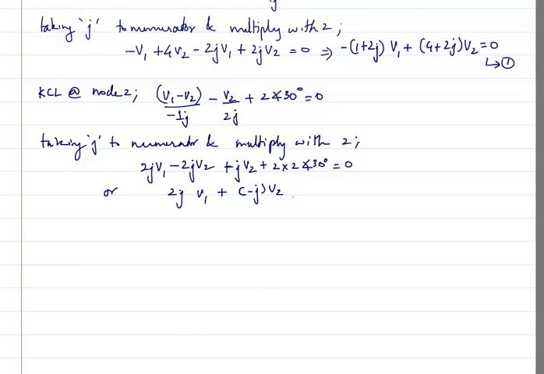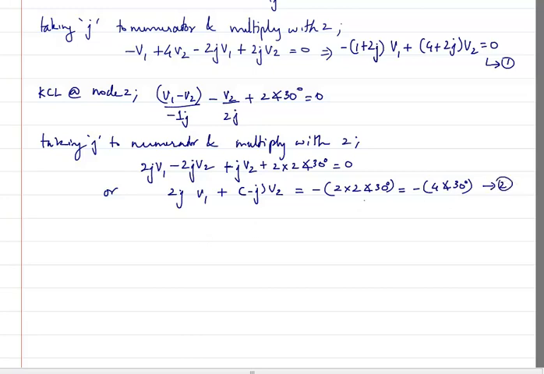Okay, and that is equal to minus of 2 into 2 angle 30 degrees, which, if you use the calculator, you will get to be minus of 4 angle 30 degrees.